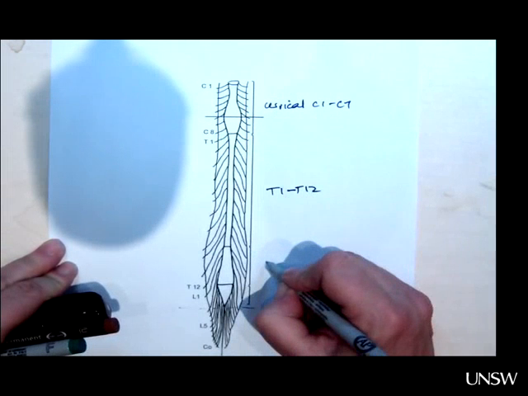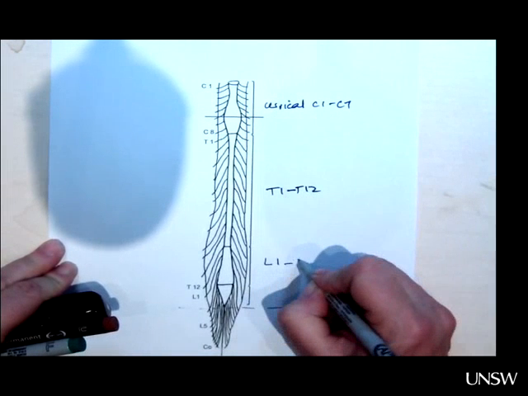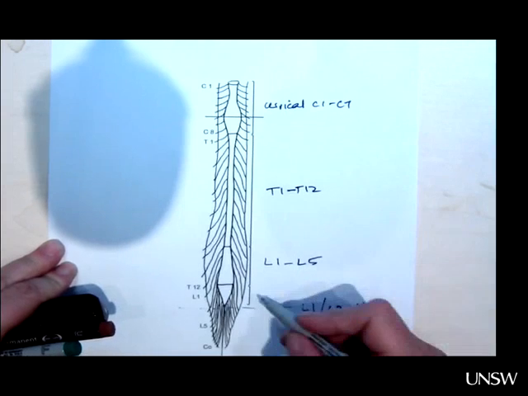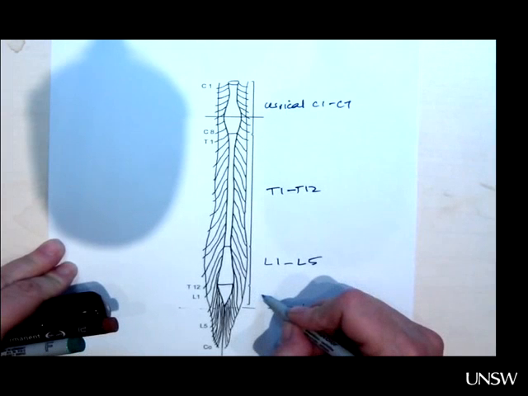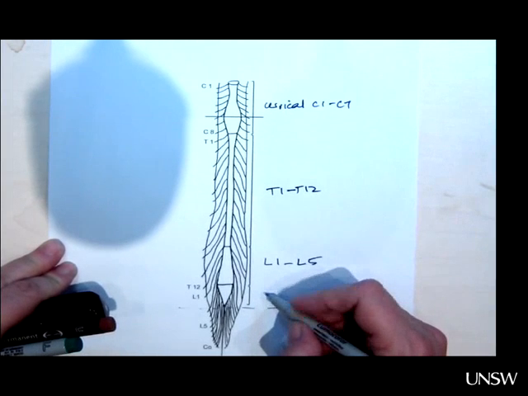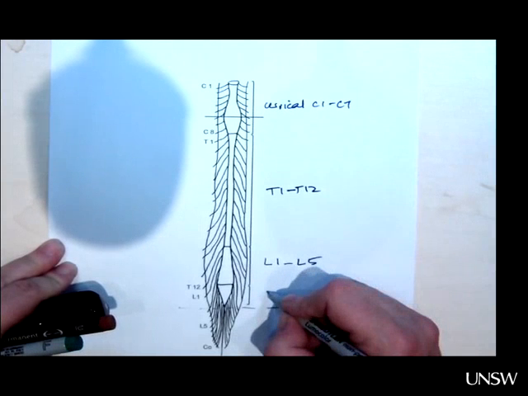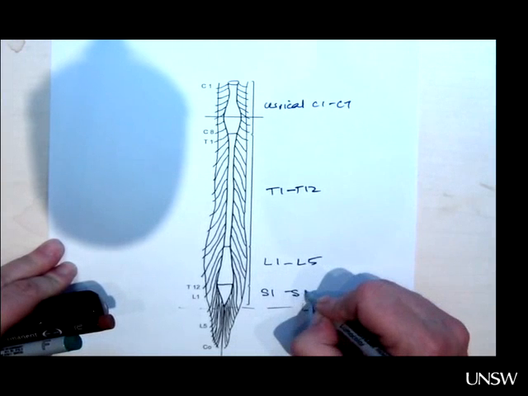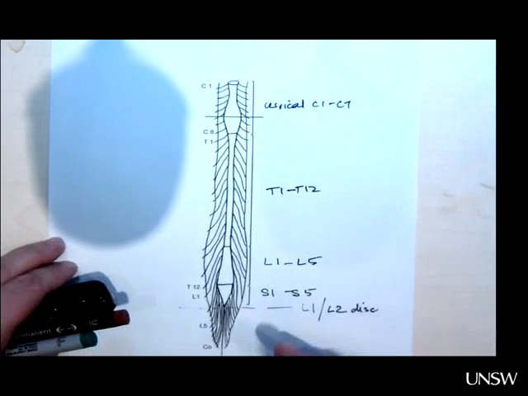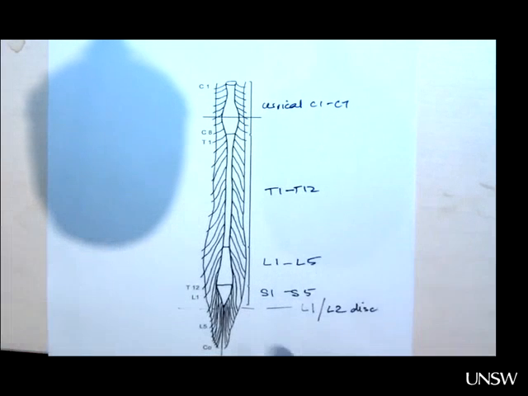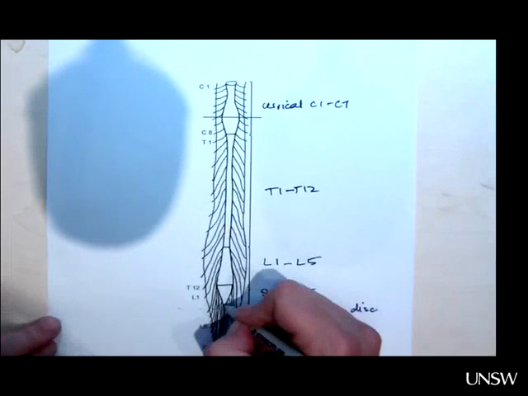We've got lumbar down here, which is L1 to L5 nerves. And then the very last bit is the sacral part, and there are 5 sacral nerves. The coccygeal one's down the bottom, and it's a tiny little segment, somewhere around there.